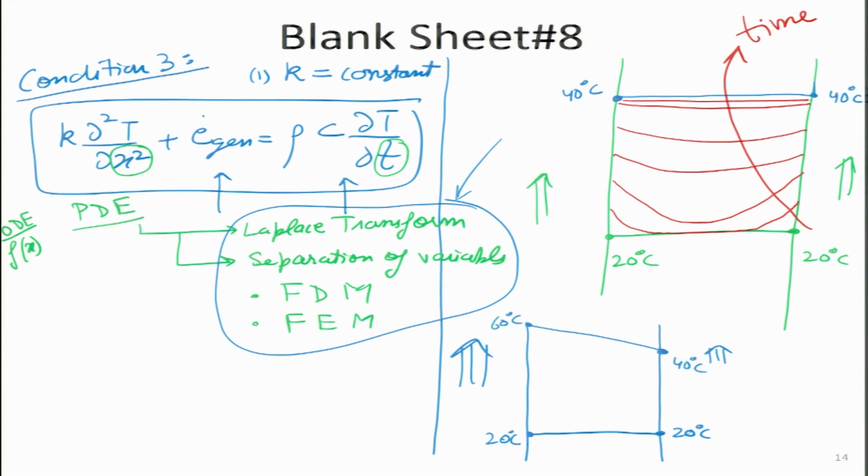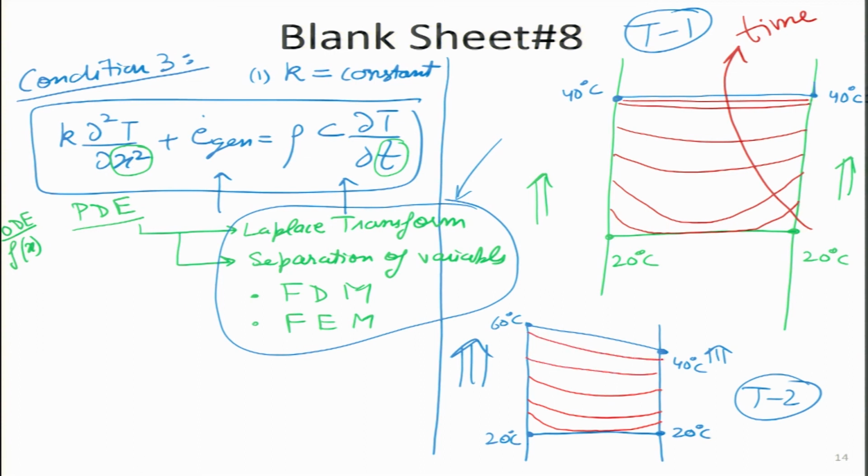So, this is transient case 1, and this one I am drawing over here is transient case 2. The same kind of phenomena will take place. Here it will rise a little bit more on the left side than on the right side. So, some sort of non-symmetrical solution we will obtain over here, and towards the end these lines will converge, and again all these temperature profiles are as a function of time.